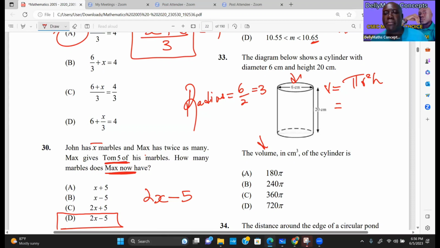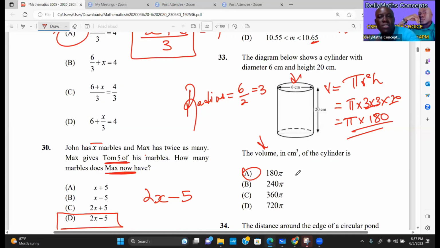So now I could find my volume, which is pi times 3 times 3 times 20. Let me write my pi better. 9 times 20 is 180. I'm looking for 180 pi, and I'm seeing it.